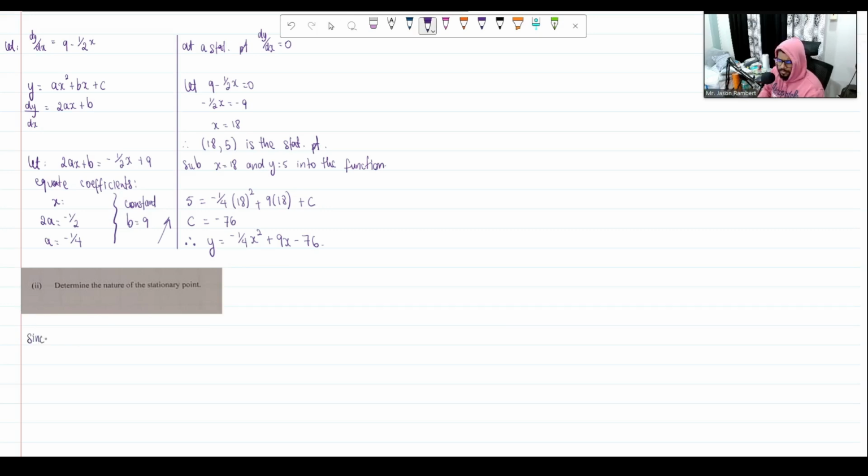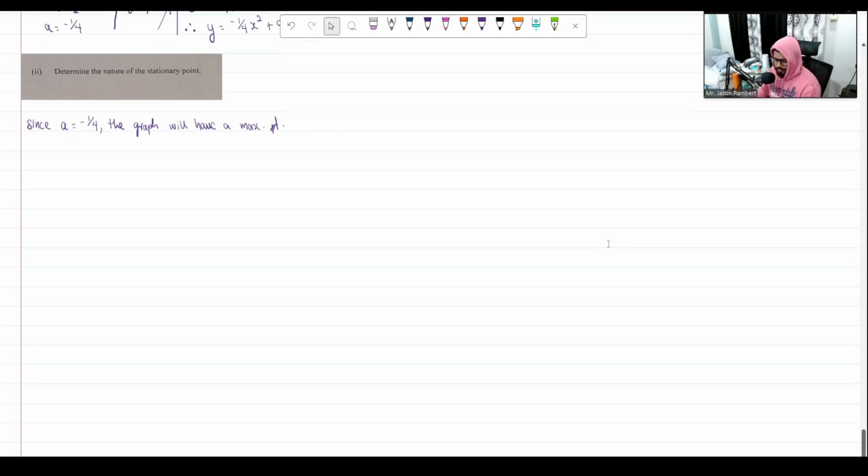Since a is minus a quarter, the graph will have a maximum point. Simple. Cool? Because it is a quadratic. All right, so part B. Part B has a graph.